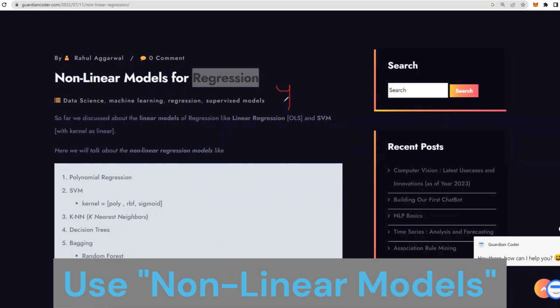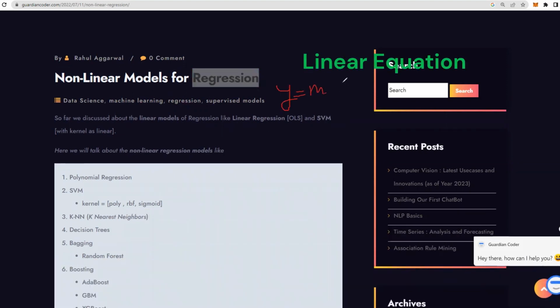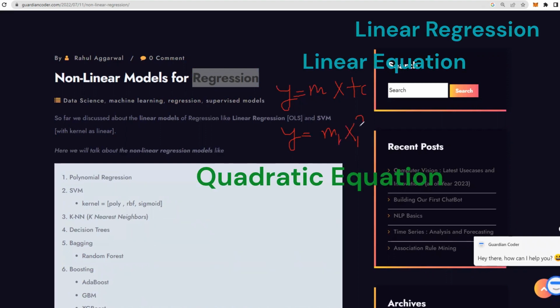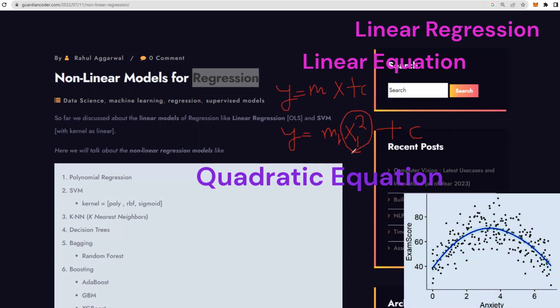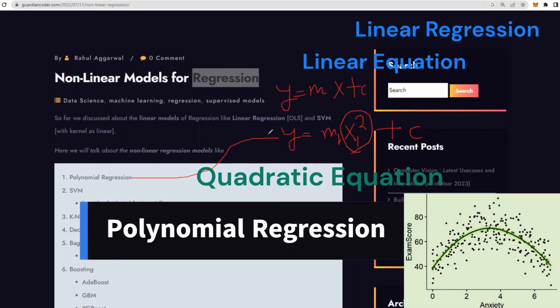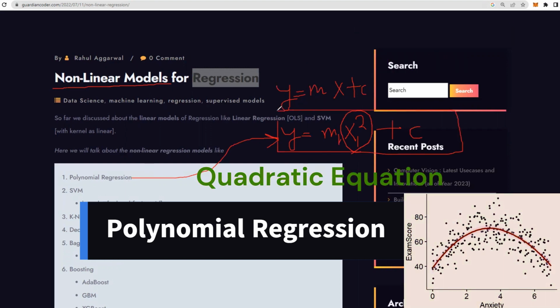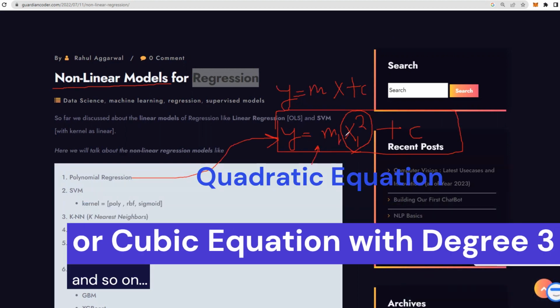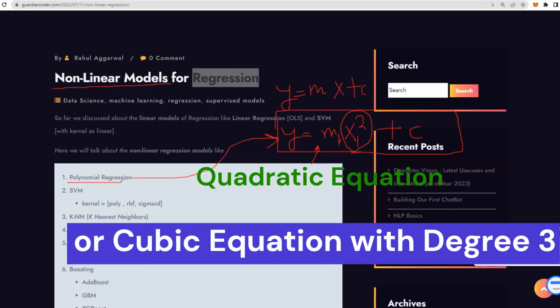For example, instead of y equals m of x plus c, my equation can be y equals m1 x1 whole square plus c, where it is a quadratic equation of degree 2 and it will be known as polynomial regression, guys. So we have non-linear models of regression, where the mathematical equation will be non-linear in nature like this. Y equals m of x square plus c, which is polynomial regression.